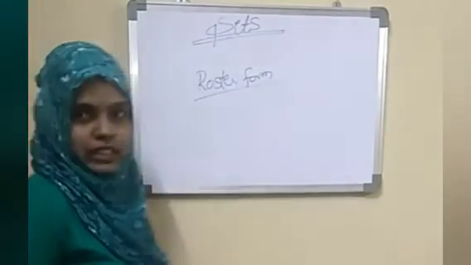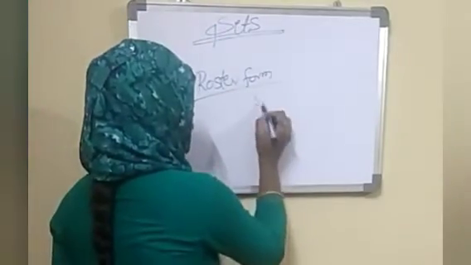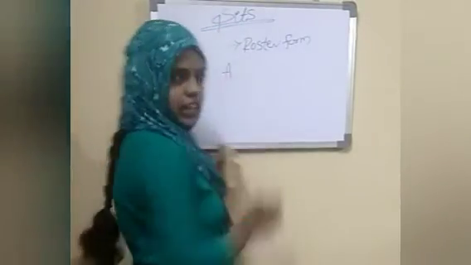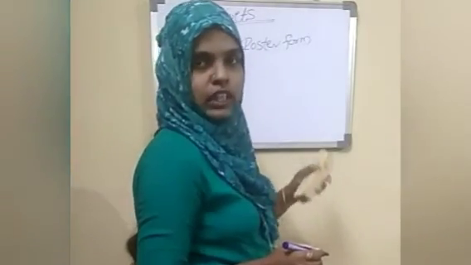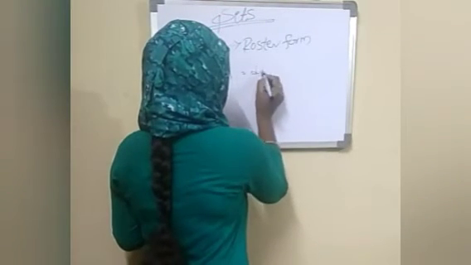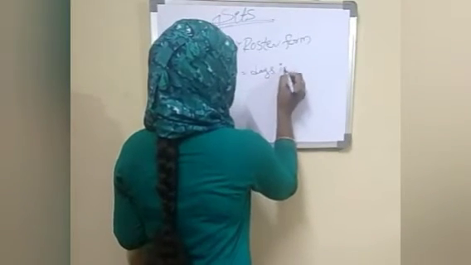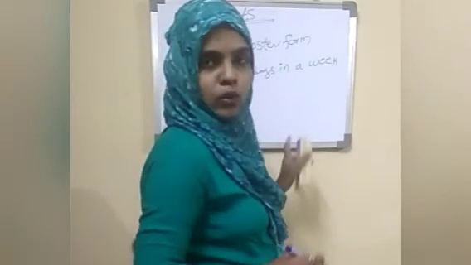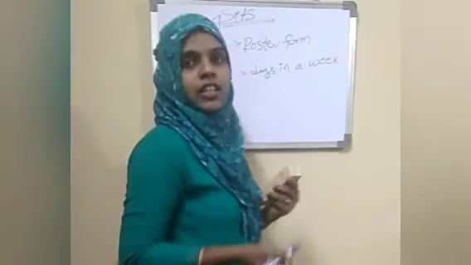Let's go with some examples. Here I am taking a set A, whose elements are the days in a week. A is equal to days in a week. We know how many days are there in a week?